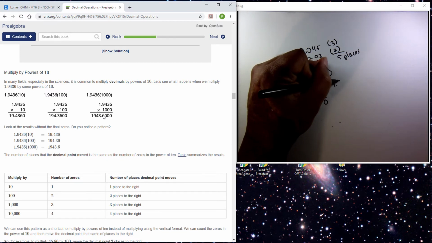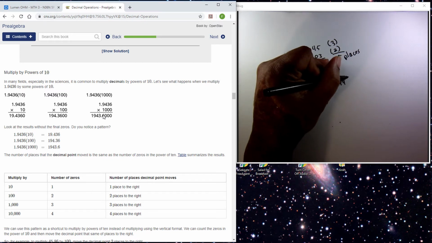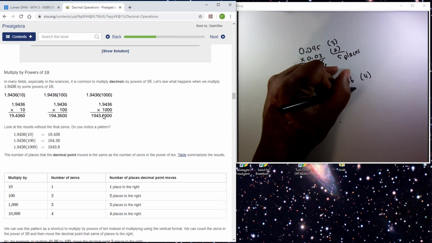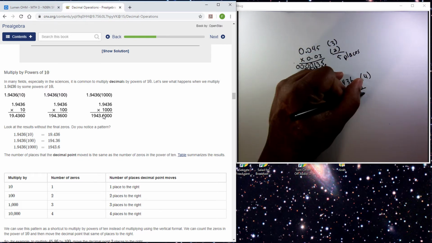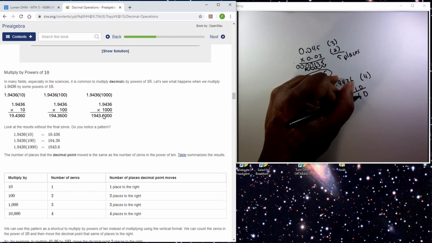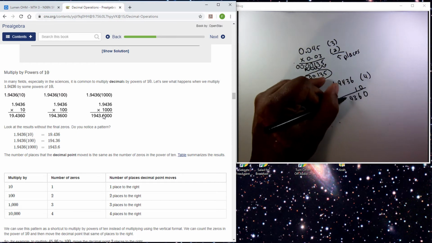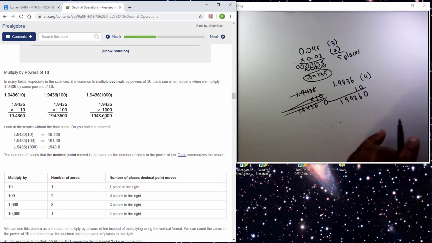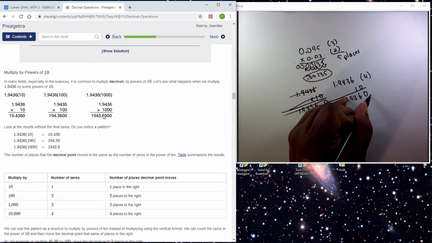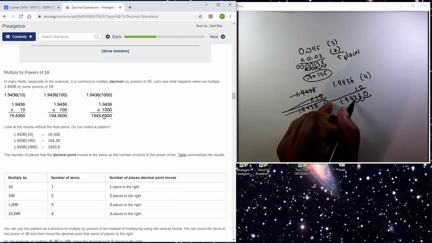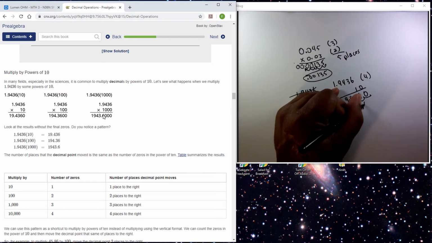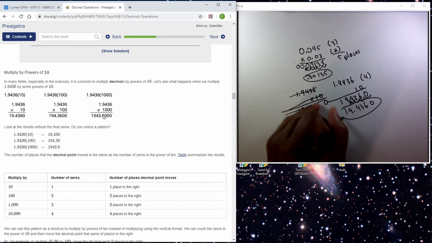So I have 1.9436, and I have 4 places past the decimal here, times 10. Put down my 0, then I have 6, 3, 4, 9, and a 1. And I shift it over how many places? 4 places. 1, 2, 3, 4. And I end up with 19.4360. There's your answer there.